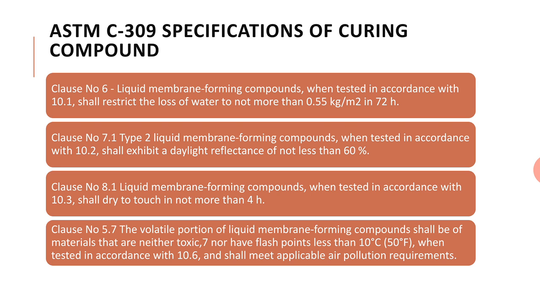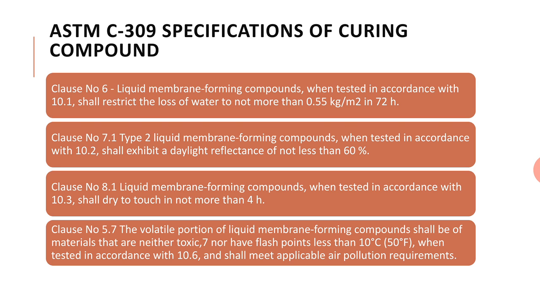Clause 7.1 says Type 2 liquid membrane forming compound when tested in accordance with Clause 10.2 shall exhibit a daylight reflectance not less than 60%. Clause 8.1 says liquid membrane forming compound when tested in accordance with Clause 10.3 shall dry to touch in not more than 4 hours.